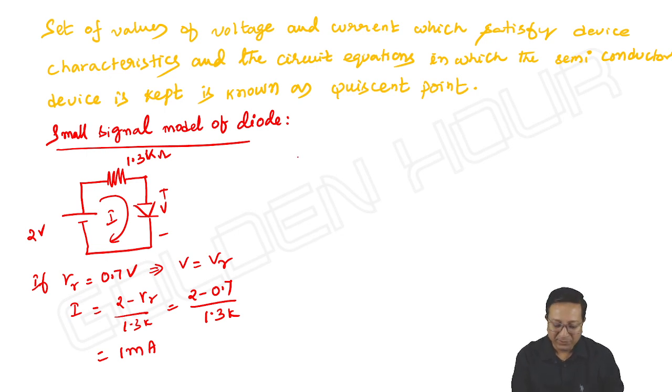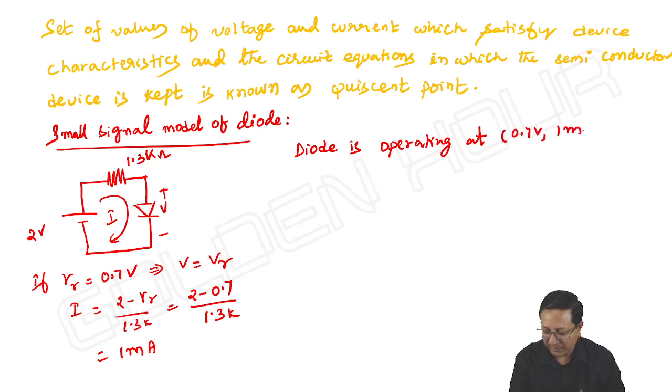It means we can say that the diode is operating at 0.7 volts, 1 milliampere. We can say that. Okay, everything is fine.